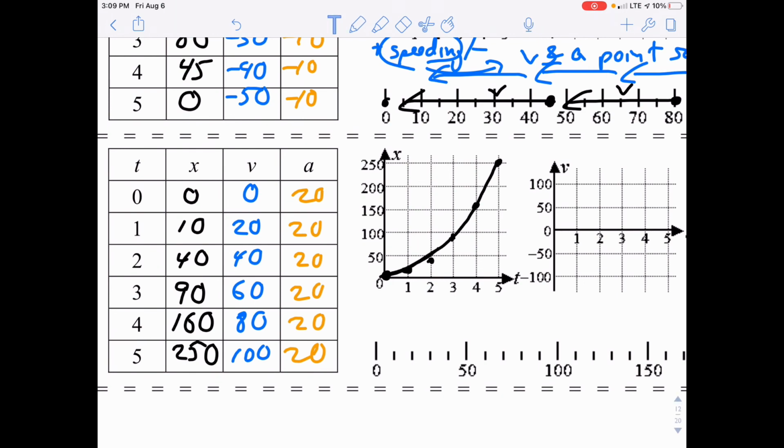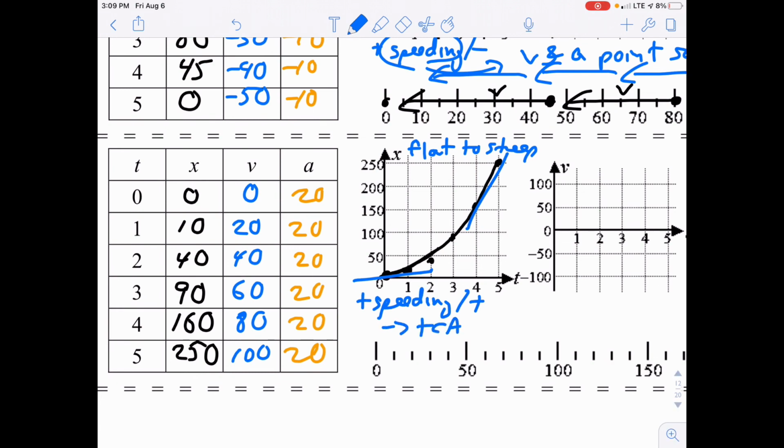So a curve is going from a flatter slope to a steeper slope. Okay, what does that mean? Flat to steep. It means the object is speeding up, but ladies and gentlemen, it's speeding up with positive slopes. So if you're speeding up in the positive direction, that's positive constant acceleration.